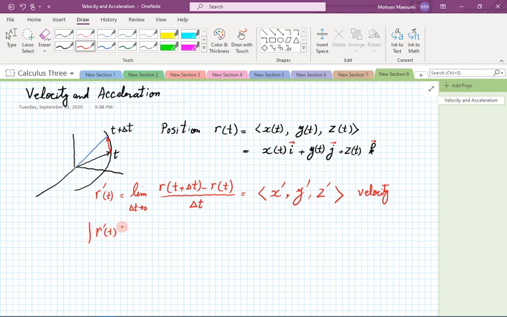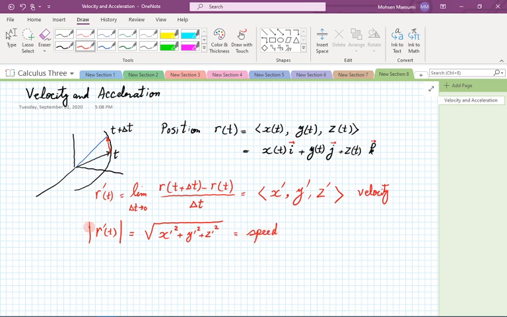The absolute value of a vector, you remember how to write that, is the so-called norm of it. It's just the Pythagorean theorem. You square the components, add them up, take a square root, like for a hypotenuse or the diagonal. So in this case you recover speed.